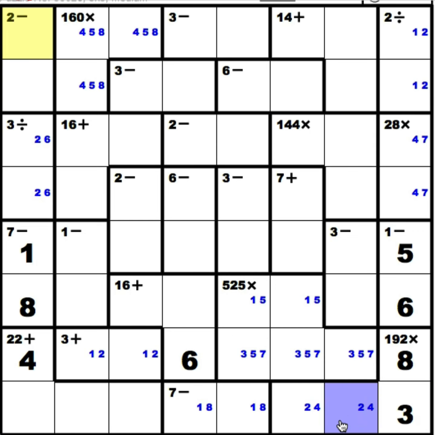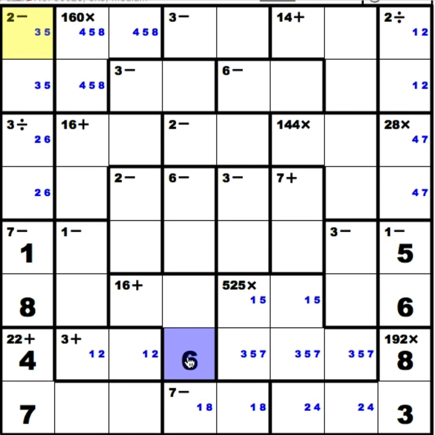There's already a 3 down here in that row, so 3 must go up here. And really, the only way to get this answer of 2 would be 5 minus 3, leaving the 7 here. We have a 3 and a 5 left going here, but we don't know what order yet, but I'll put some notes in. Okay, we got 3 and 5 here, 4, 5, and 8.